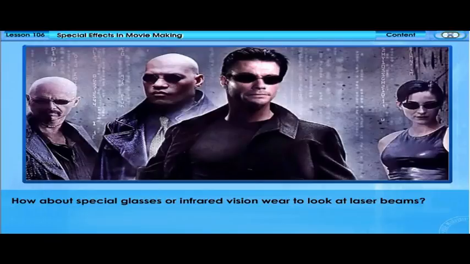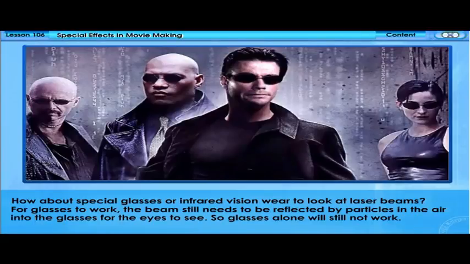How about special glasses or infrared vision wear to look at laser beams? For glasses to work, the beam still needs to be reflected by particles in the air into the glasses for the eyes to see. So glasses alone will still not work.